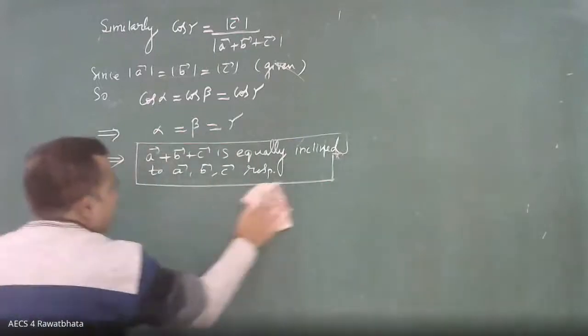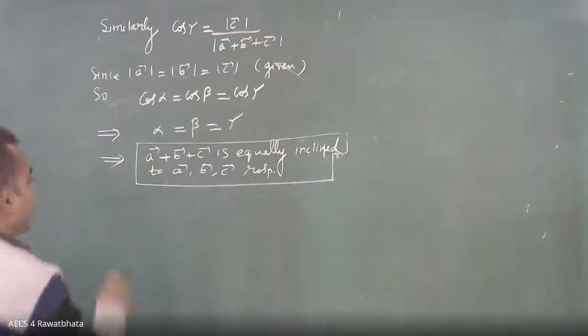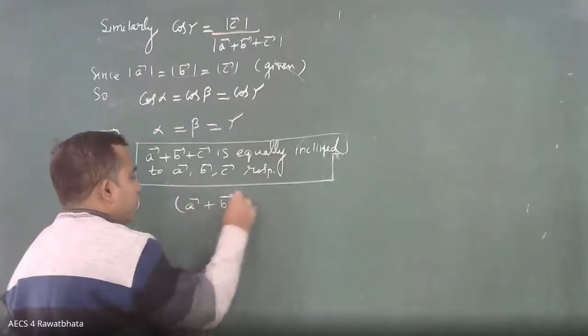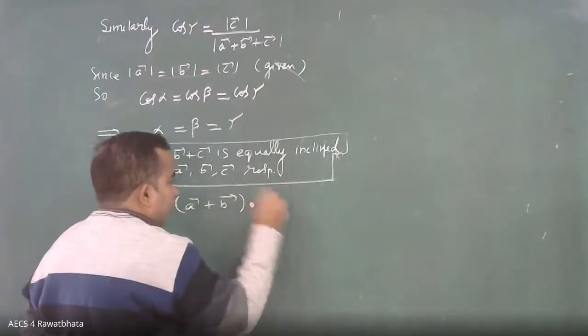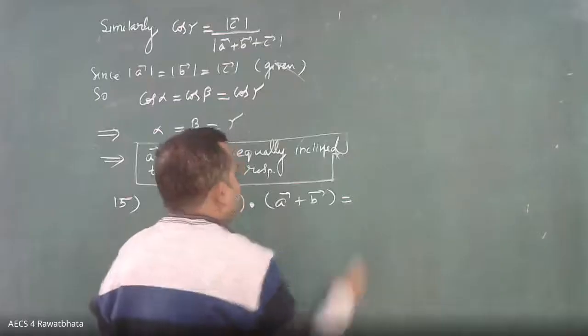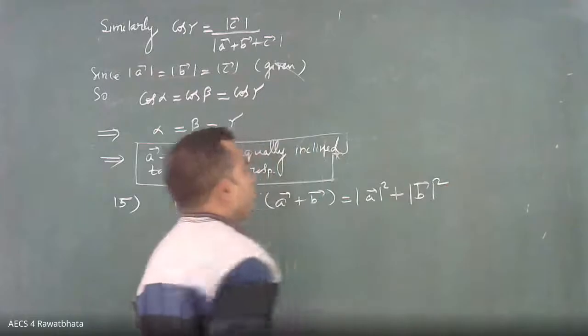Yes, Lakshman, please read. Prove that (A vector plus B vector) dot (A vector plus B vector) is equal to mod of A vector square plus mod of B vector square if and only if A and B vectors are perpendicular, given that A vector is not equal to 0 and B vector is not equal to 0.